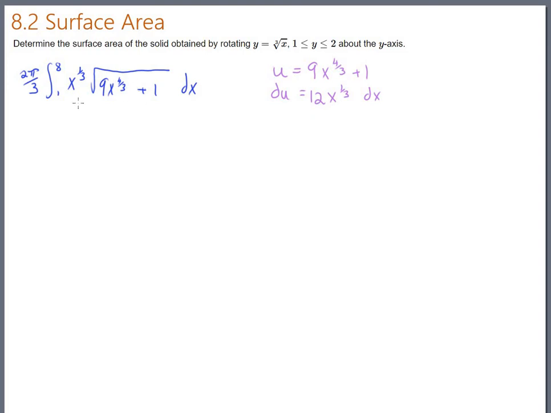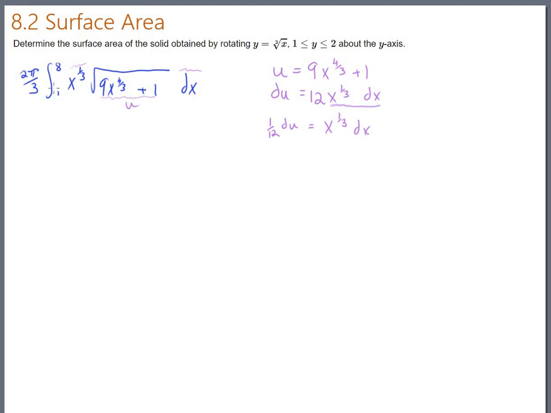And taking a look at what I've got over here, I can see this stuff, of course, is just going to turn into u. This and this together are the same as this right here. So I'm going to take this equation, divide both sides by 12. So I'll get 1/12 du equals x to the 1/3 dx.